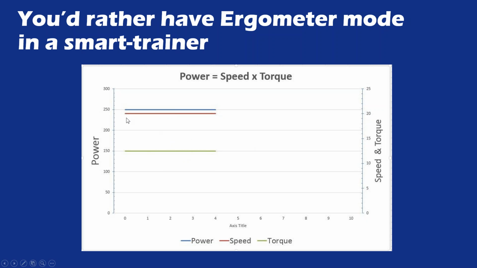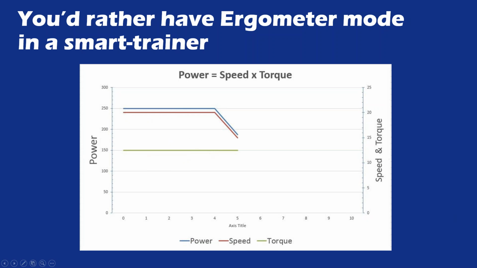As long as I keep my speed steady, the trainer will keep the torque at that level so that I'm always at 250 watts. Now, if I slow down, and I've just shown slowing down for 1 second, going down to 15 kilometers per hour, so I went from 20 down to 15 over the span of a second, a smart trainer will detect that you slowed down and will immediately, on this expanded time scale, adjust the torque.